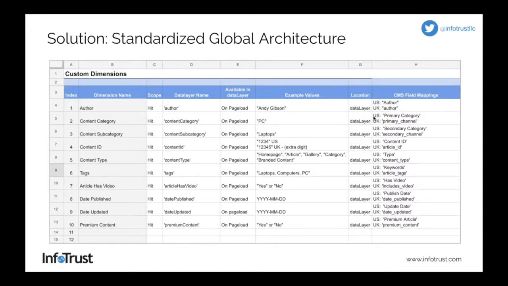For primary category, or for content category, I should say, in the US, it's called Primary Category, all capitalized. In the UK, it's everything lowercase, and then there's actually an underscore in it as well. So this really helps everyone get on the same page of like, okay, where are we pulling this data from, and where is that data currently? And so ideally, you're mapping these to your actual dimensions over here on the left-hand side.